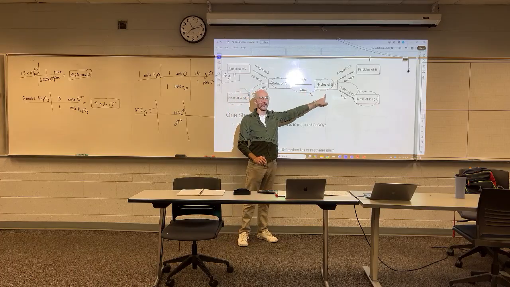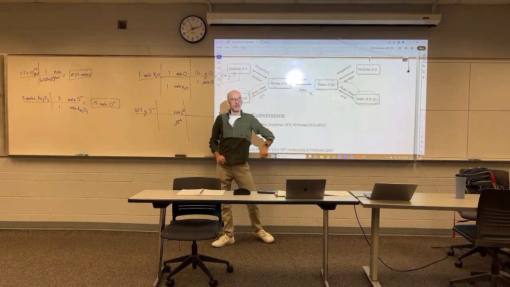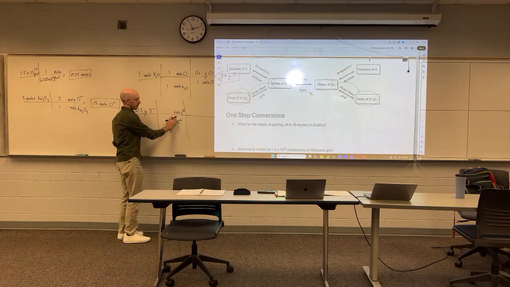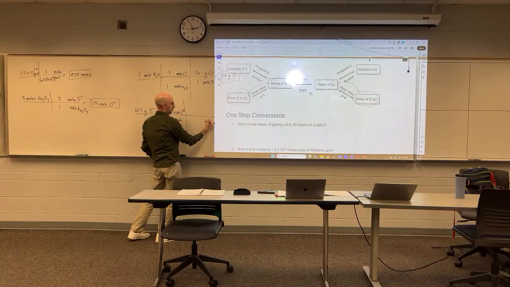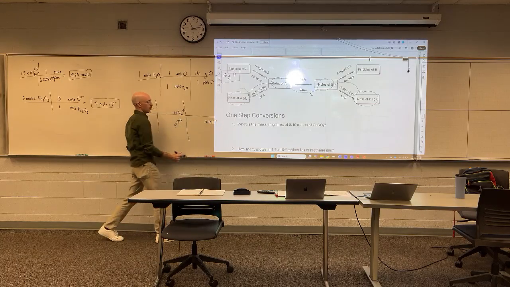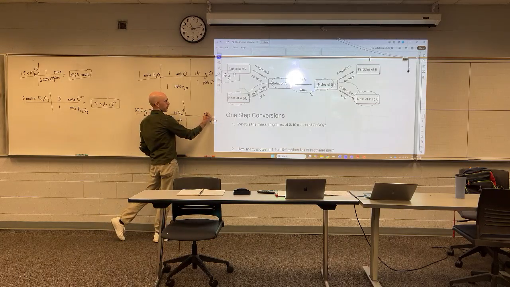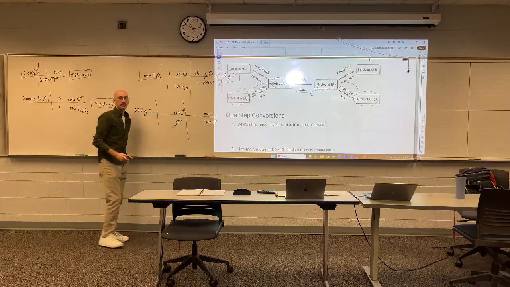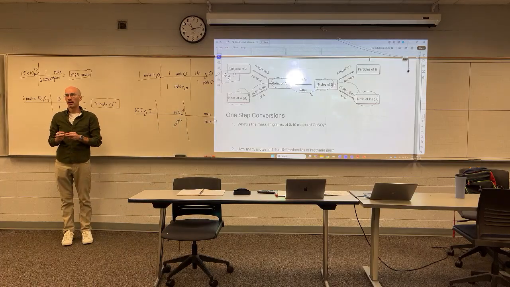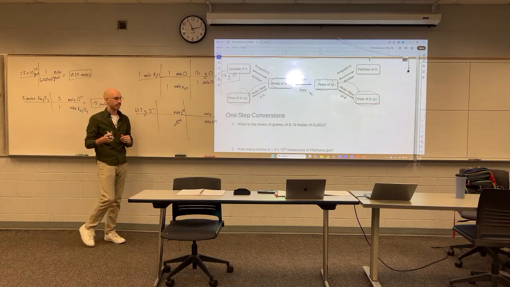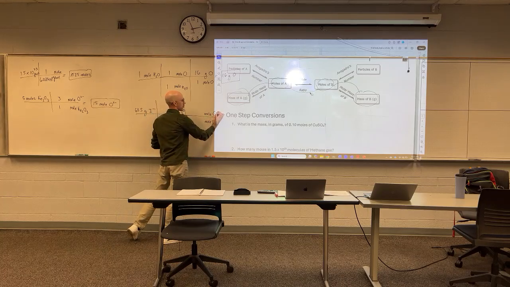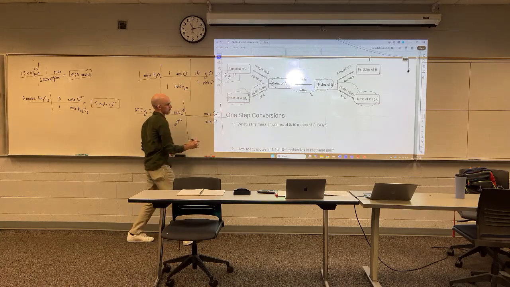Moles of A to moles of B. I already have moles of A. That goes on the bottom. Moles of iodide. What is the other compound I'm looking for here? What's the chemical formula of copper 1 iodide? CuI. No numbers. Keep going.